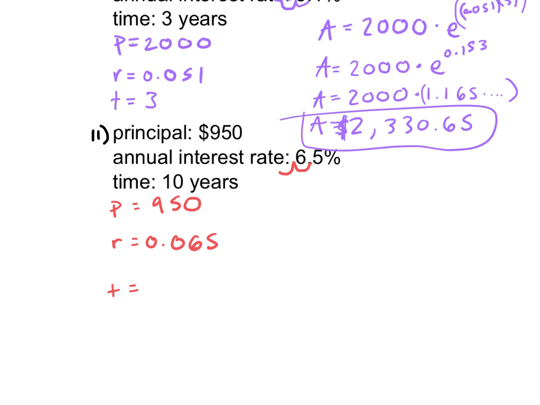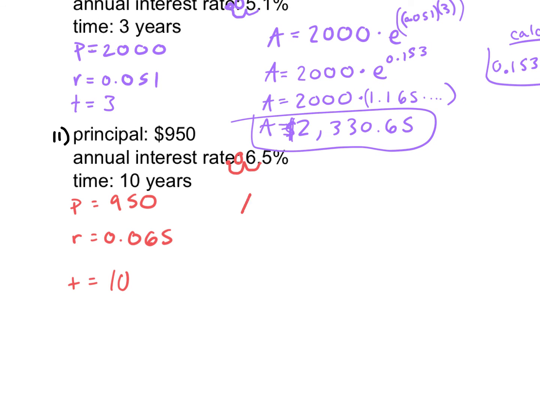We move our decimal 2 places, so it's 0.065. And then what's our time? 10. Now we plug everything in. We have our amount is equal to P, 950, times E raised to the power of 0.065 times 10.